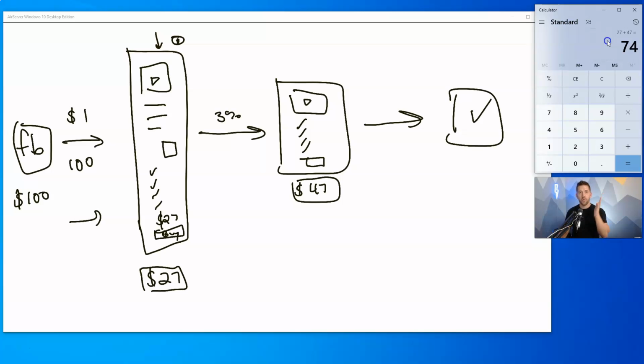So for every 100 people that see this sales page, we should get 3 people out on the back end, which means they're going to become customers at that $27 price point. Okay. So what does that mean? We got 3 customers here, which will also equate to $81 in revenue. All right, let's put that one down here, and we're going to track how this all works. Do you see how this works? It's not crazy. There's not a lot of math that goes into it. It's very simple when you keep your processes simple.